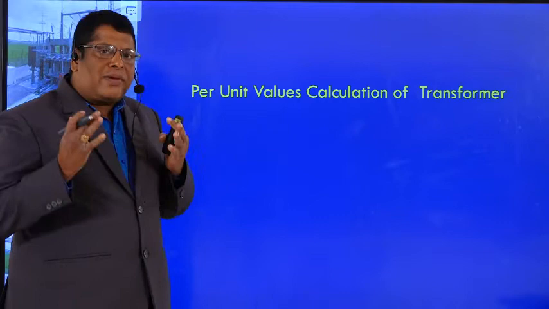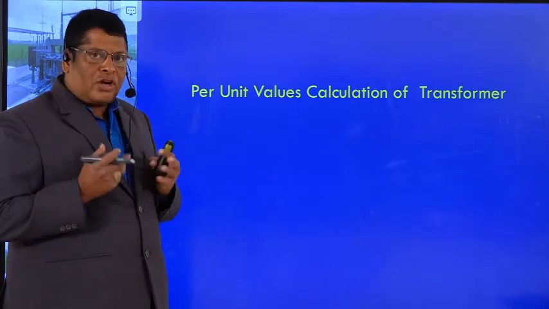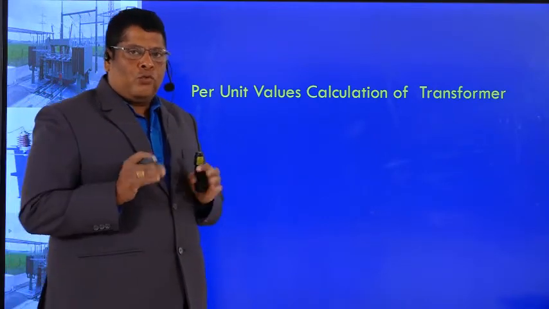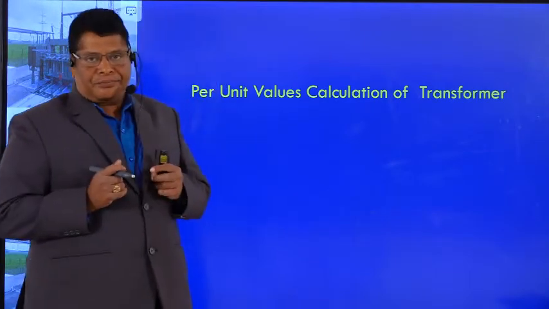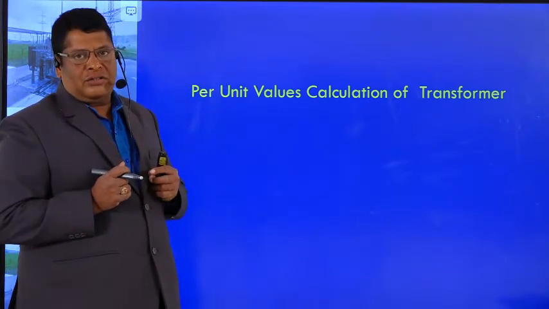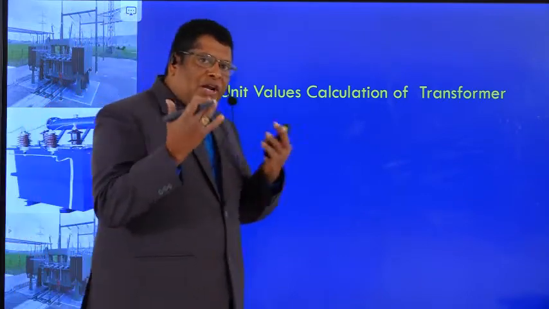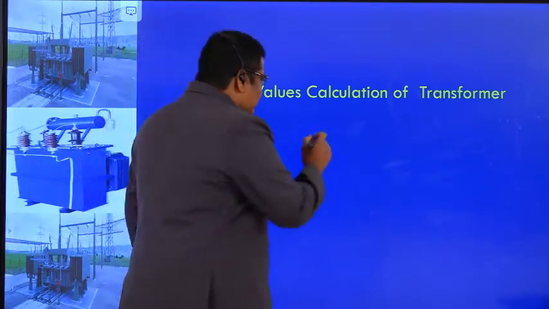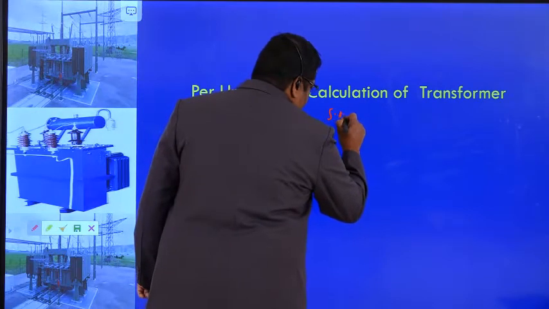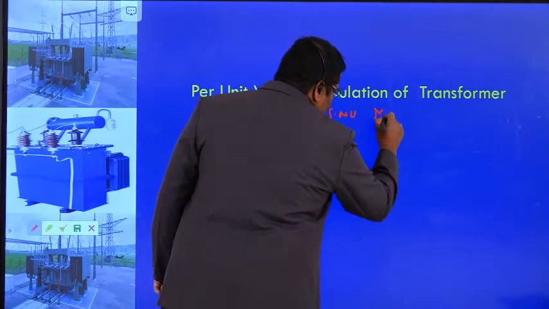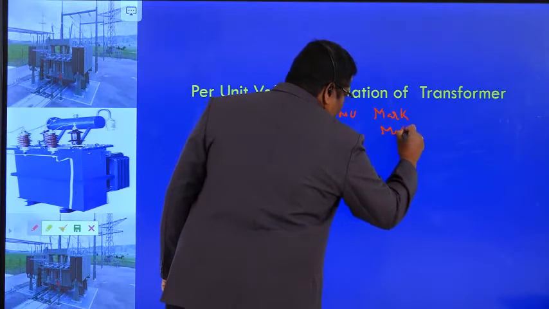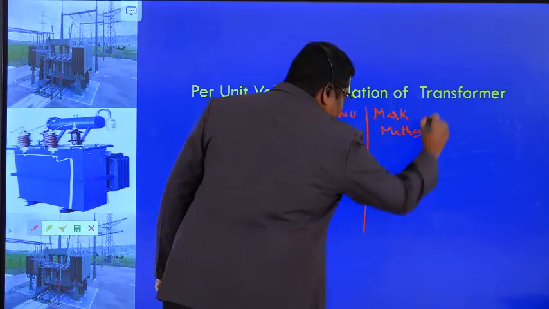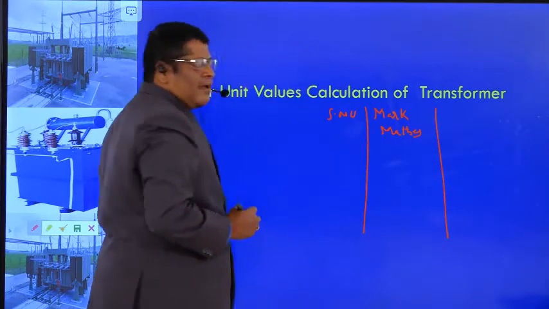Now, what is meant by per unit? Suppose you take a class consisting of 50 students, and we have conducted an exam for the 50 students. Serial number, marks in maths.